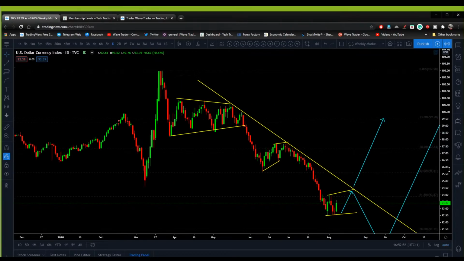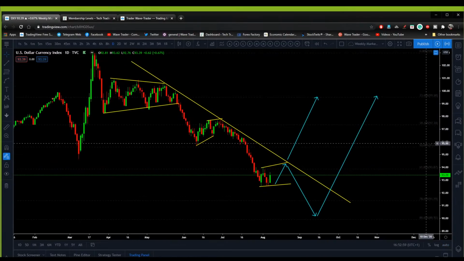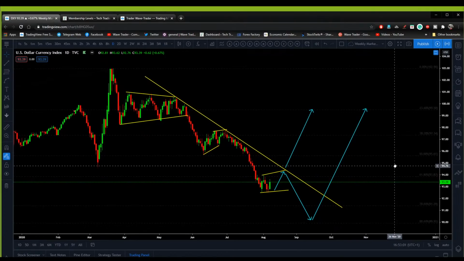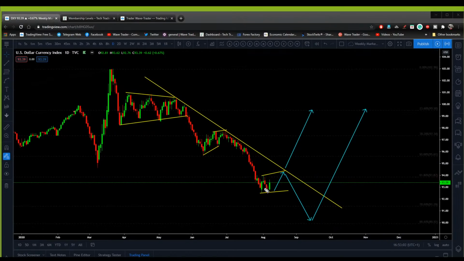Bigger time frame, still trending to the downside. So there we are looking for it to break the trend and reverse, go back up, or go into another correction like these previous corrections and drag lower for another leg lower.